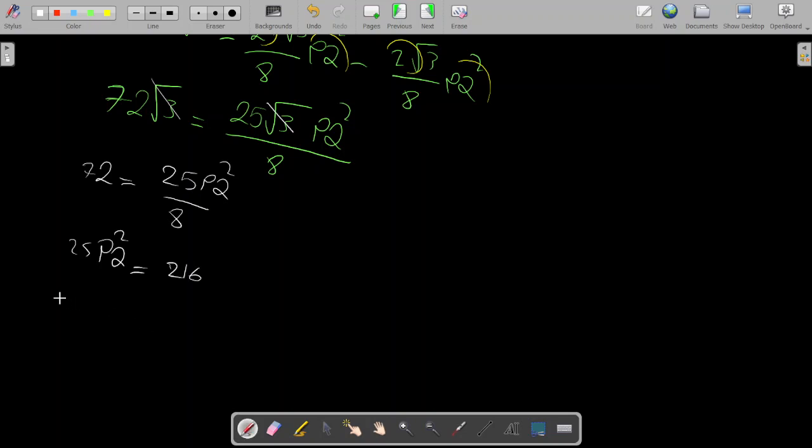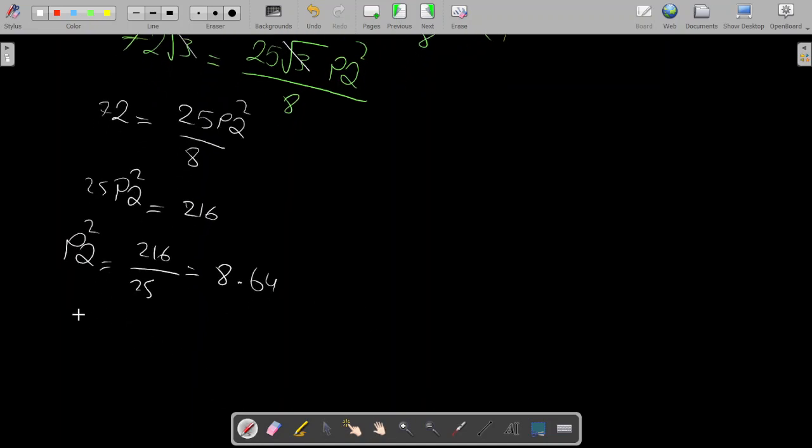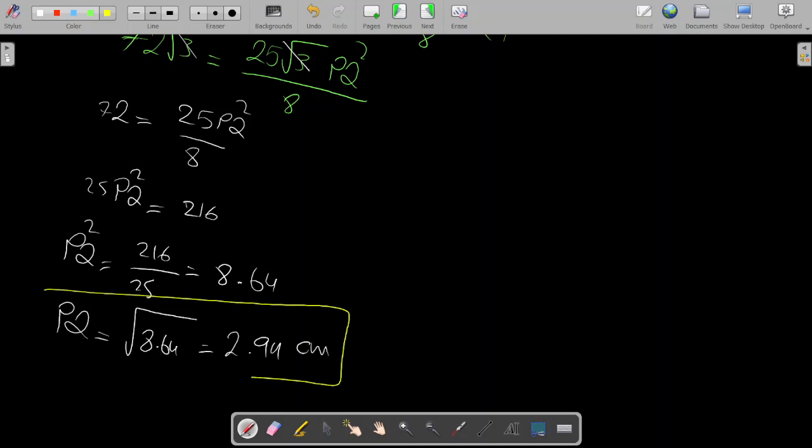So it means that the PQ square is going to be equal to 216 over 25, which means that's going to be equal to 8.64, and the PQ is going to be equal to square root of 8.64, which is going to be equal to 2.94 centimeter, and that's it. This is the requested question.